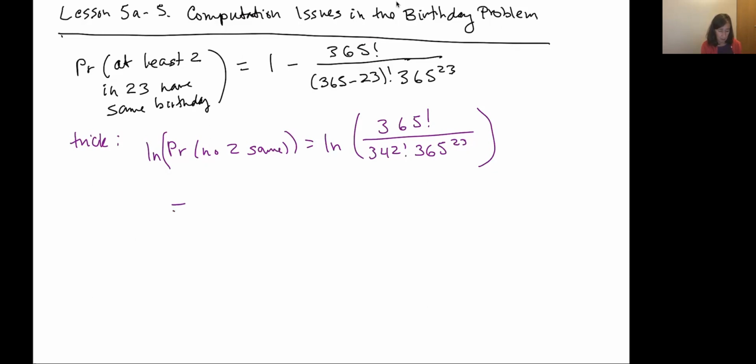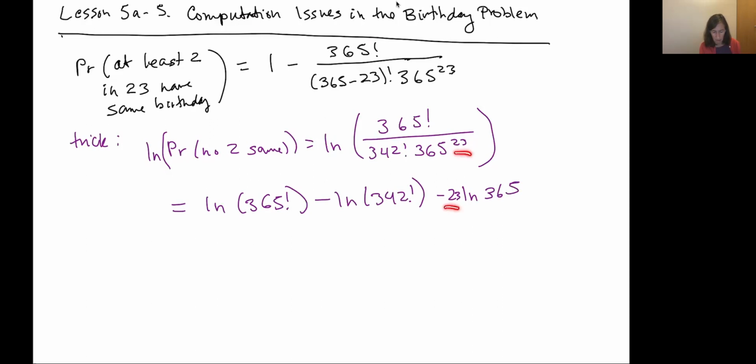Okay, so this equals the log of 365 factorial minus the log of 342 factorial minus 23 times the log of 365. Okay, so the log of something to a power is the power times the log of the thing. You're still thinking, well, I'm still seeing that big 365 factorial in there.